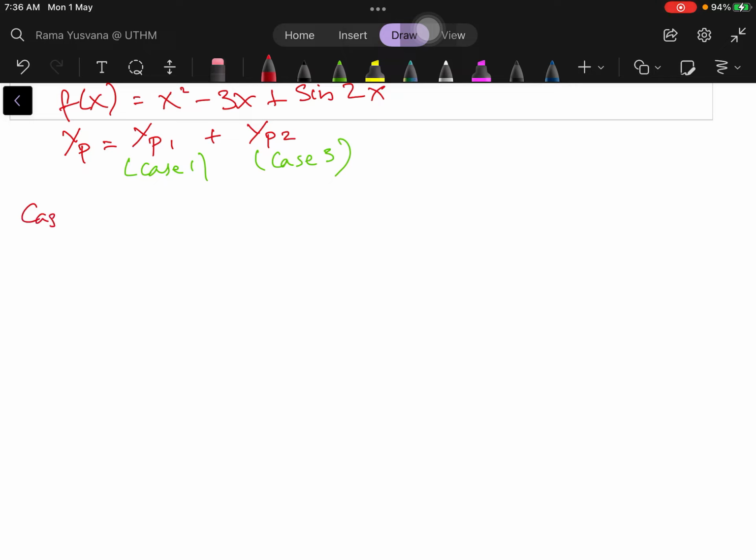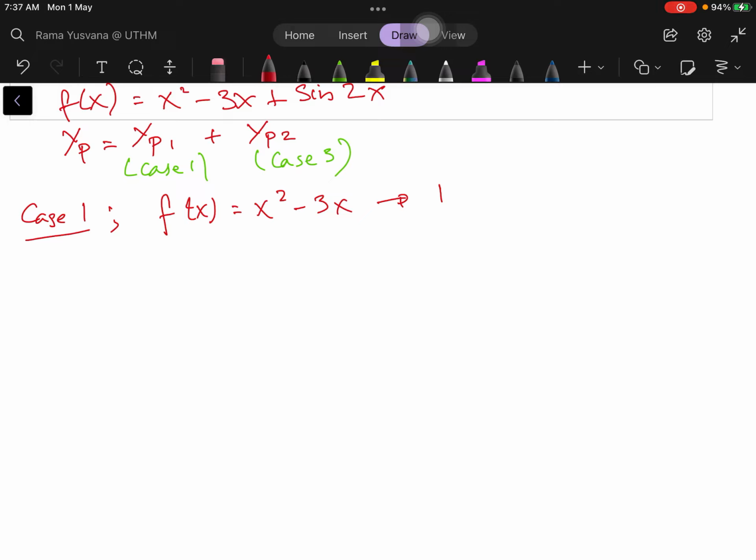So for case 1, f(x) equals x squared minus 3x.